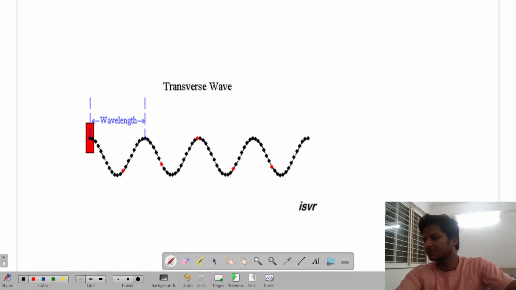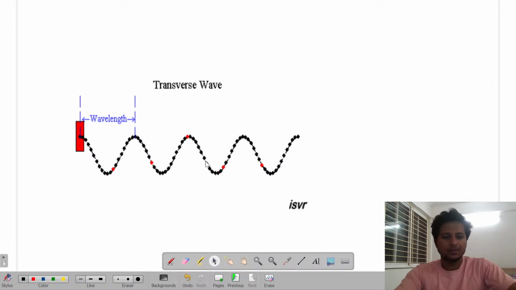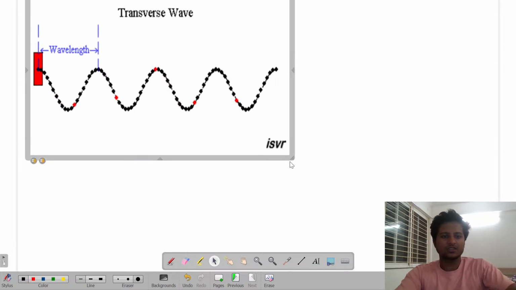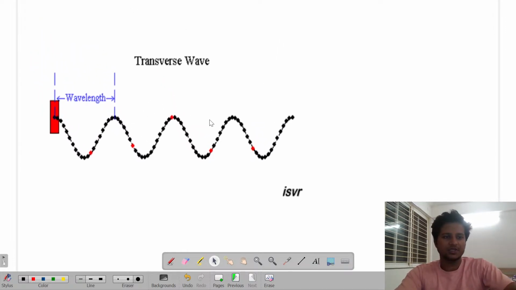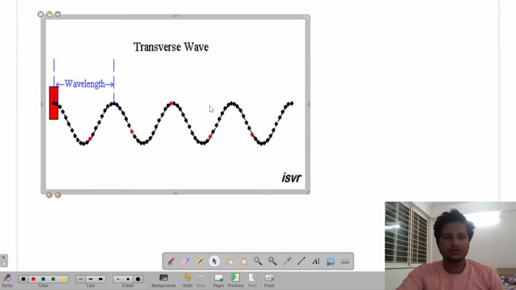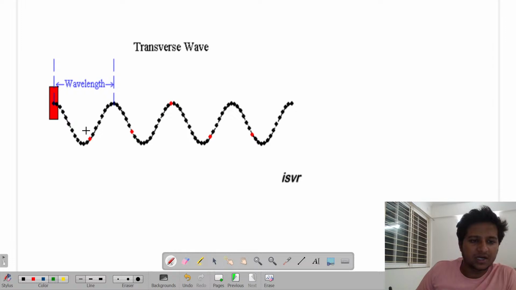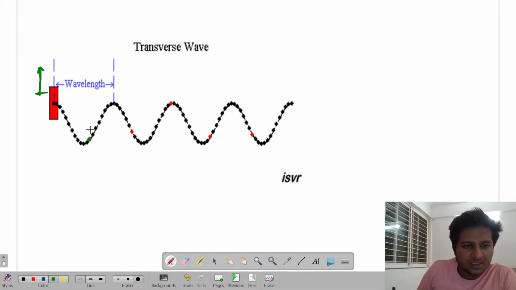Now see that. Look carefully, this graph will tell you everything today. Look over here, guys. Please look over here. You see that? Now, when the source is going upwards, the particles that are the downmost particles, not the upward particles, have an upward velocity.